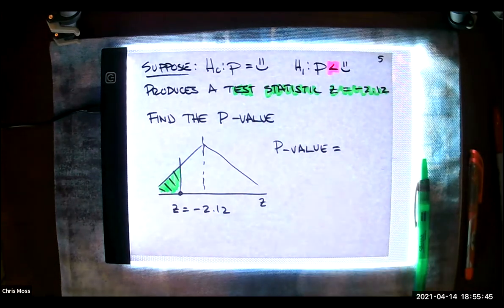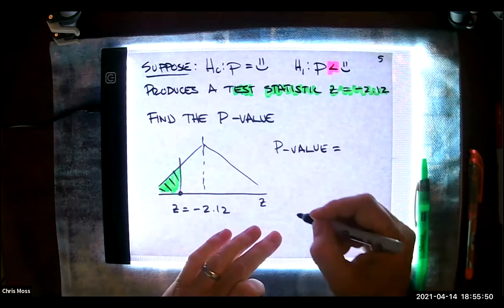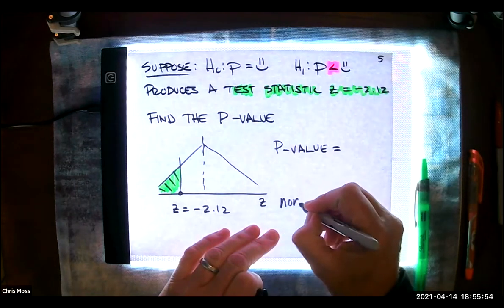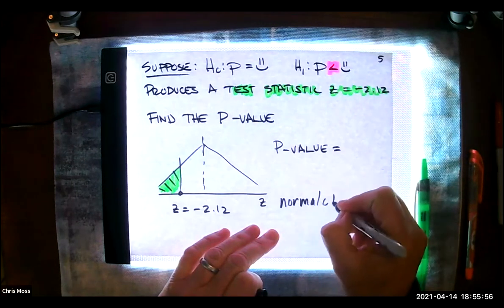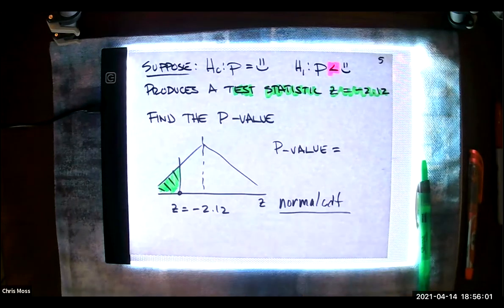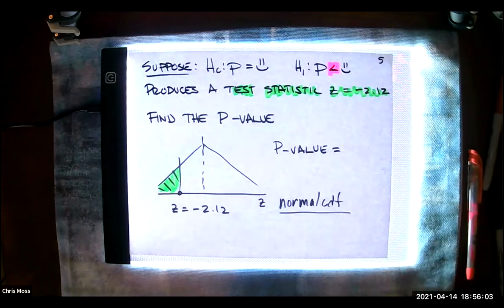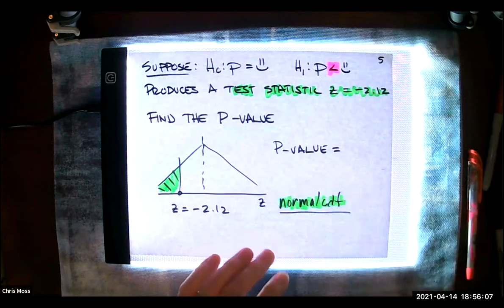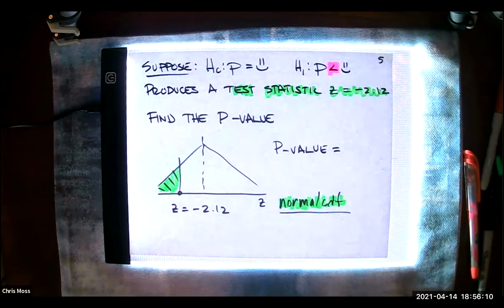So for that p-value, this is where I'll use, what's the program? The program is, in this case, for the z distribution, normal CDF. That's the tool we'll use. So let me highlight that too, because I like my colors. And let me switch over to the calculator. And we'll see what's what.